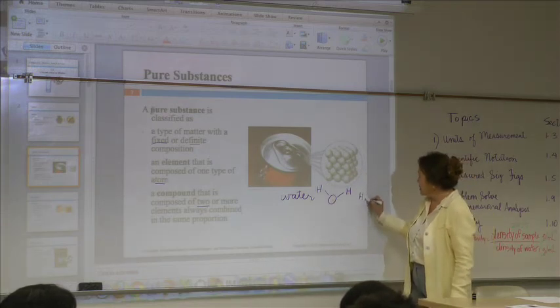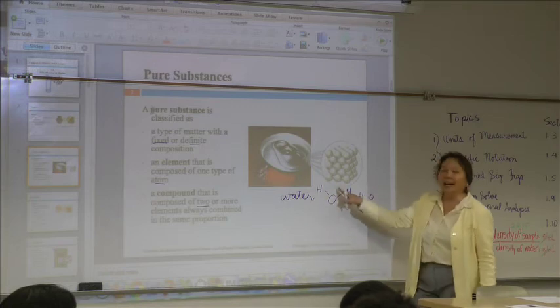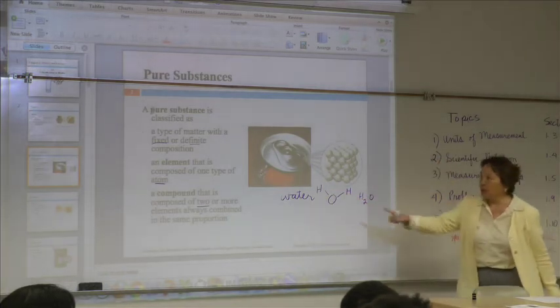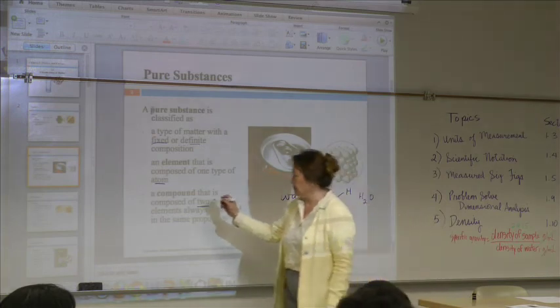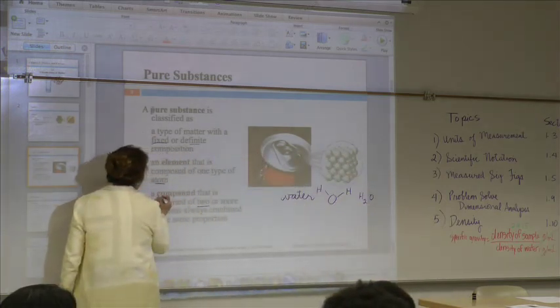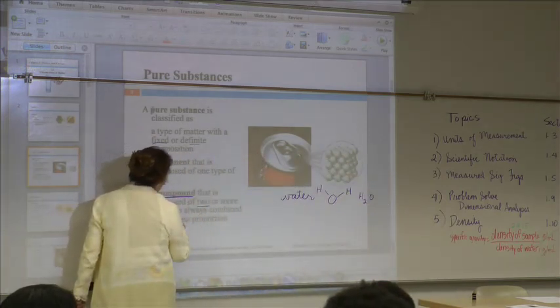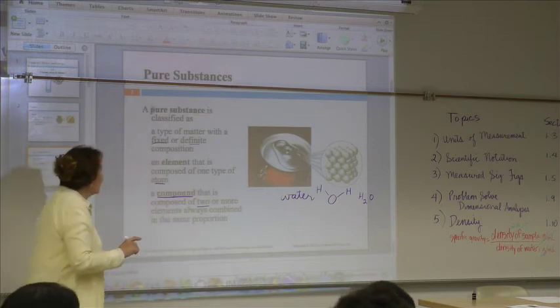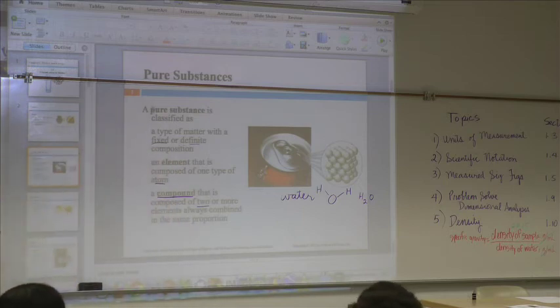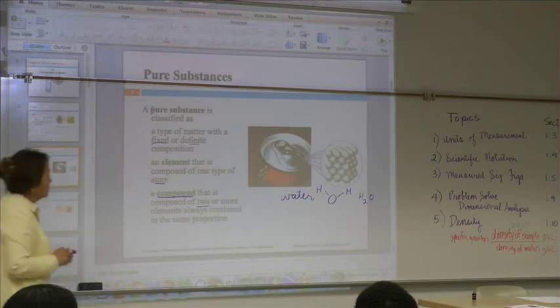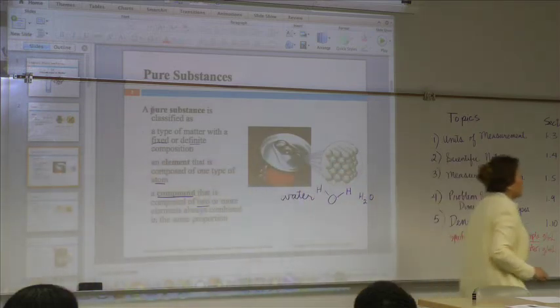So H2O, because there's two hydrogen and one oxygen. So we call that a compound. Two or more elements. An element is hydrogen and oxygen. Right? So we can have a pure substance made out of an element or a compound.